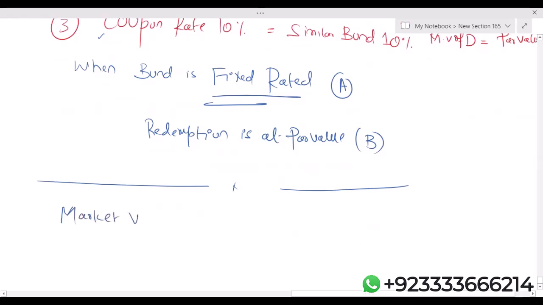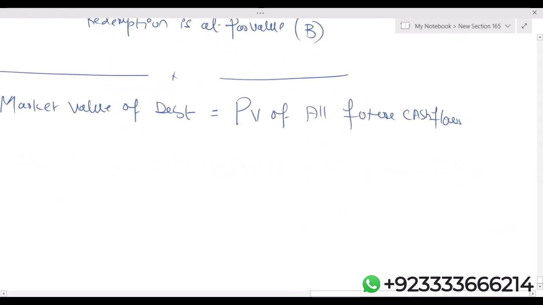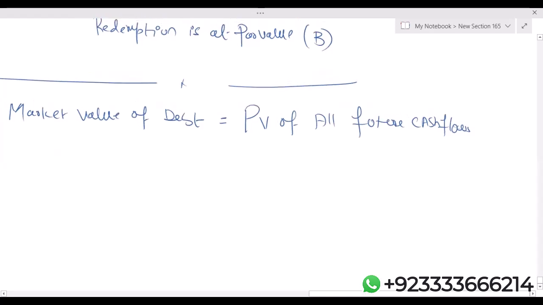Basically, the market value of debt is equal to the present value of all future cash flows. When we say future cash flows, I'm talking about interest and principal. Plus something, I'll come to that. Market value of debt is equal to the present value of all future cash flows.